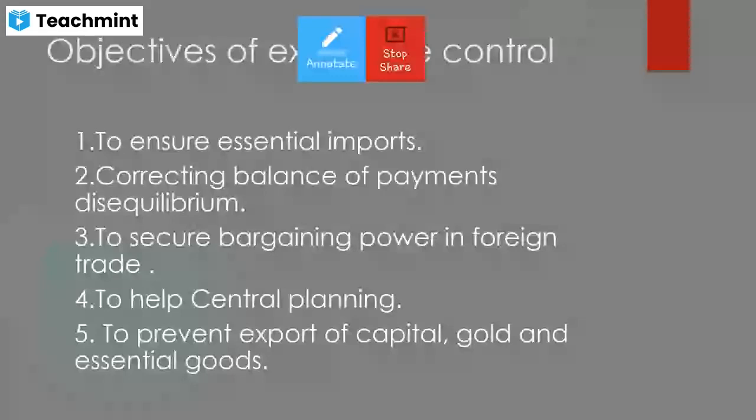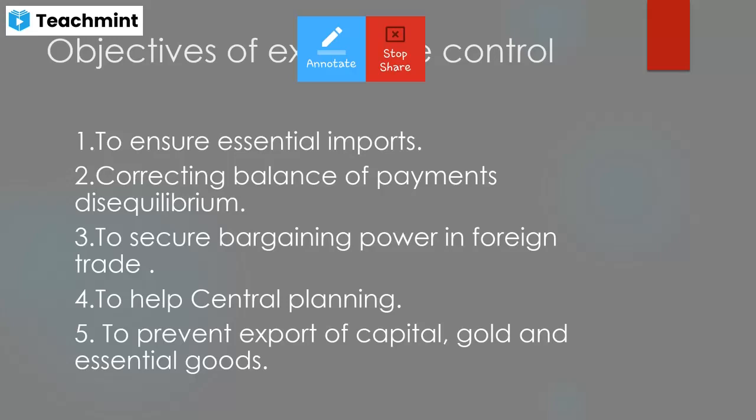And then to secure bargaining power in foreign trade. This is very interesting. Exchange control helps in securing bargaining power in foreign trade. Take for example, if exportable commodities are limited in relation to the demand for them, a country can arrange for their exports only to selected countries on favorable terms.